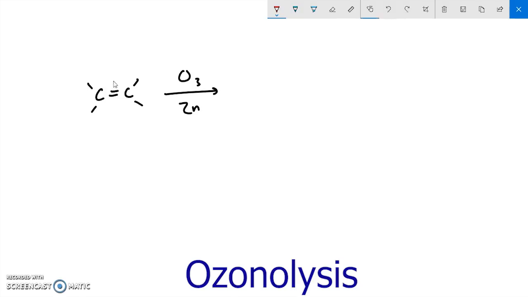This reaction will break both of the pi bond and sigma bond into 2 compounds, where we're going to get carbon with a double bond on the other side, plus another carbon on the other side. Next, we're going to add the oxygen from the ozone so that the end product will become a carbonyl group, whether it is aldehyde or ketone compound.